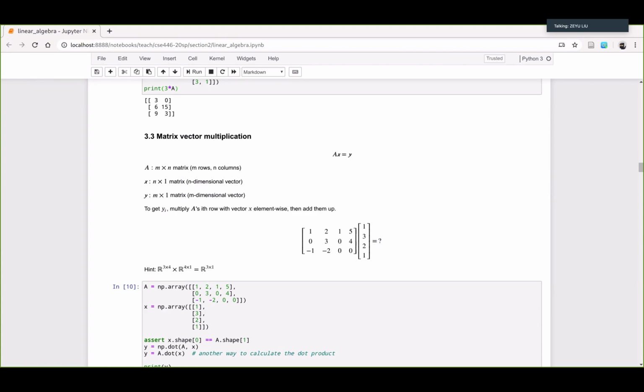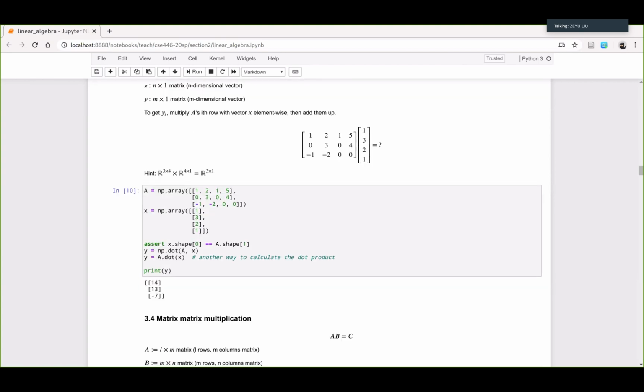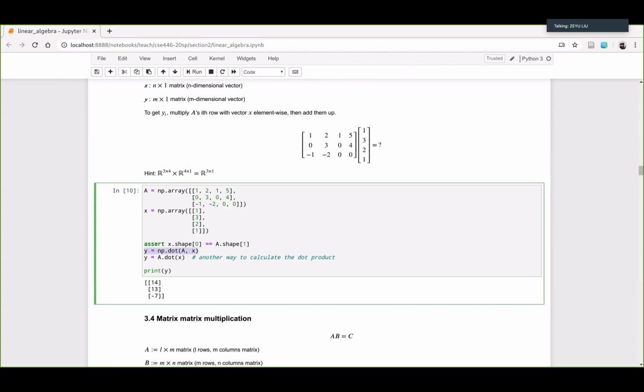And matrix vector multiplication. This is just the expression you want to memorize. So dot is a very powerful operator. It has different interpretations depending on your inputs. I recommend you read through the documentation because sometimes it does different things.